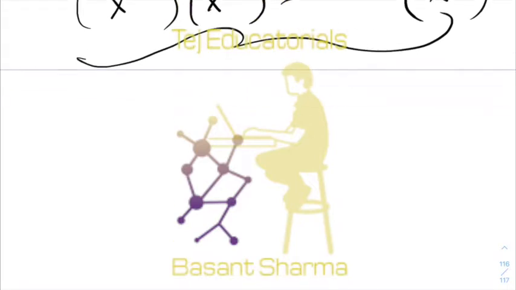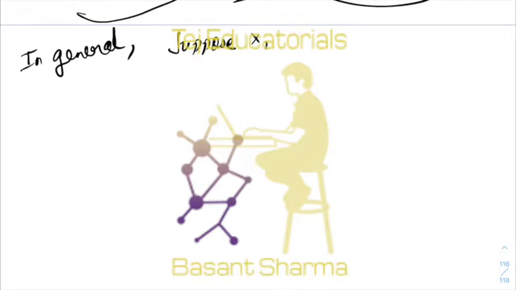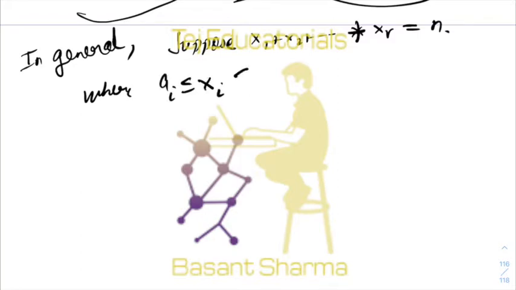Now the next thing is, in general, suppose you have the equation x1 plus x2 and so on till xr is equal to n, where xi varies from ai to bi, i is equal to 1 to r.